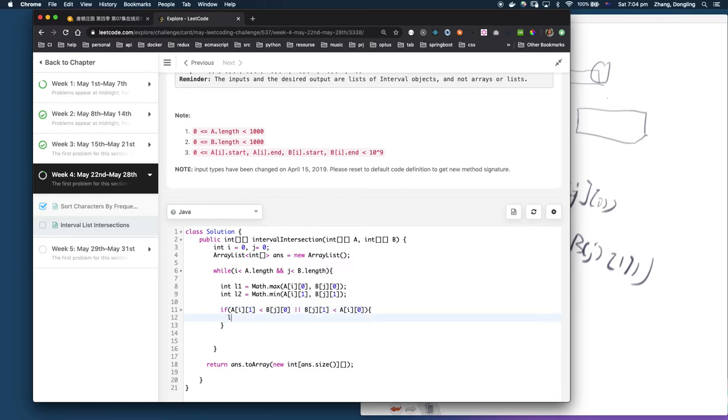If they are not intersected, we just set them back to 0. And if they are, then we check if L1 is not equal to 0 or L2 is not equal to 0.